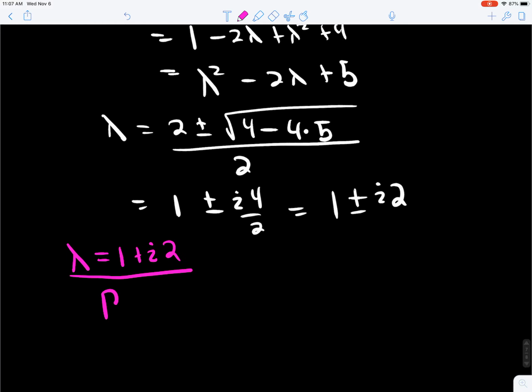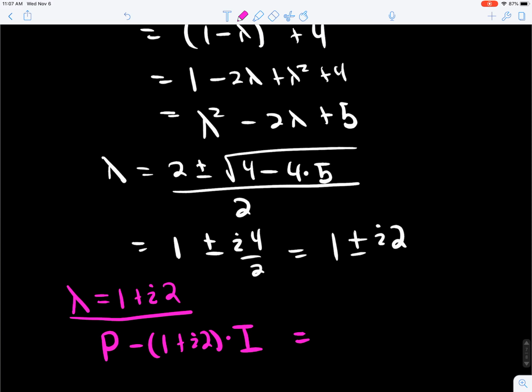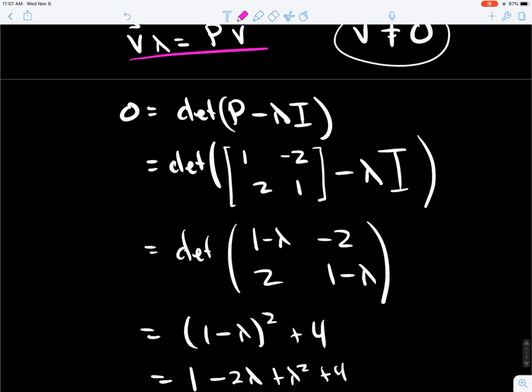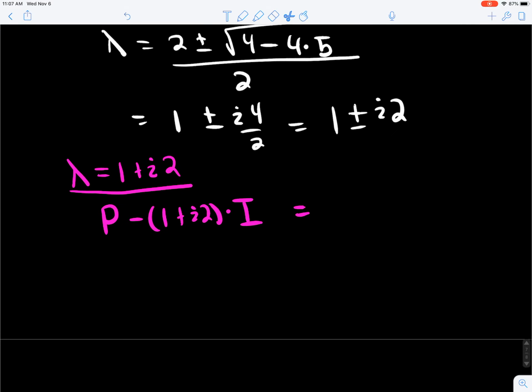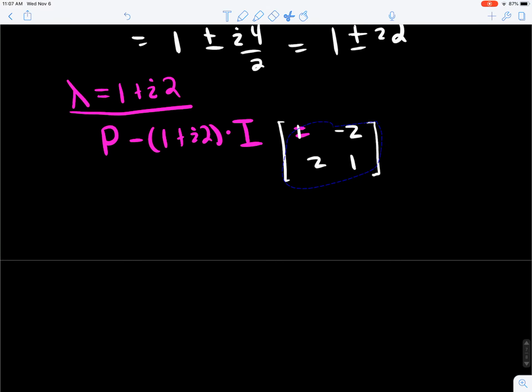So we want P minus lambda, which is 1 plus i2 times the identity. So then we go ahead and we need our P. So our P is this one here. So I'll go ahead and copy, and then paste it here.